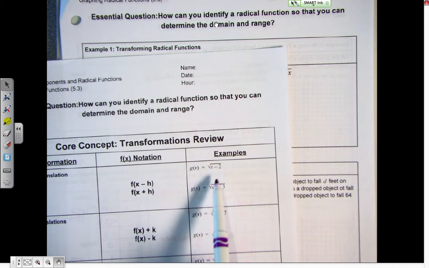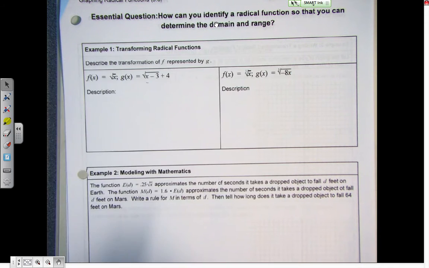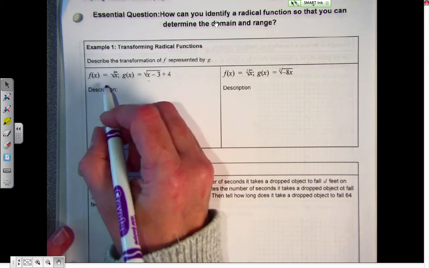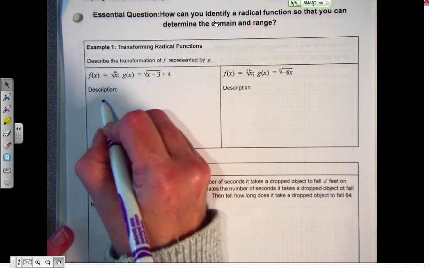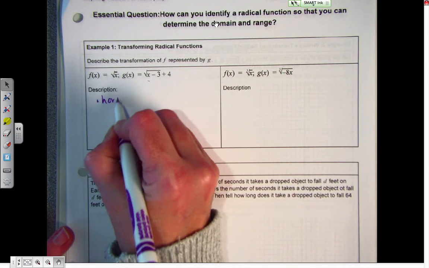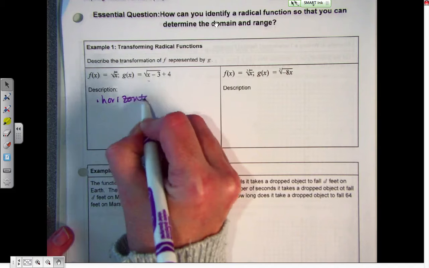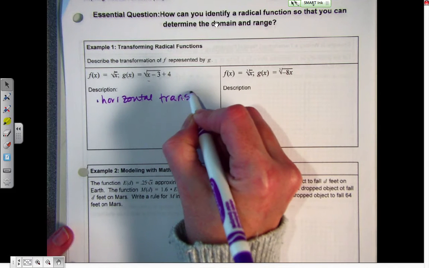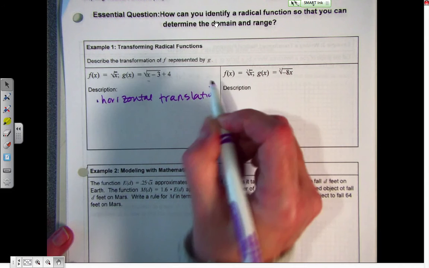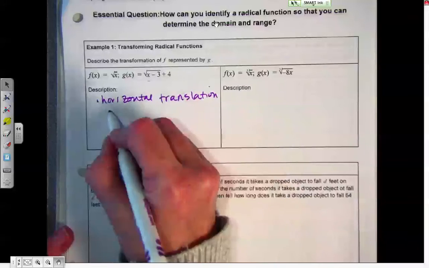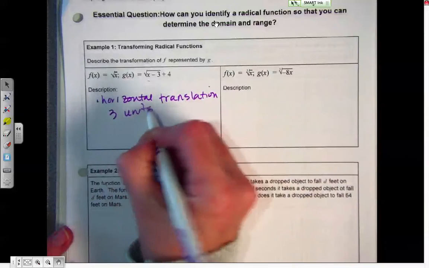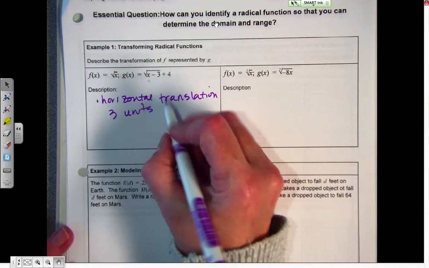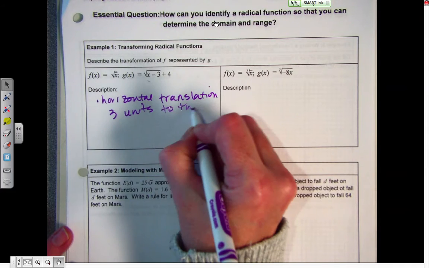So the -3 is your horizontal translation, three units to the right.